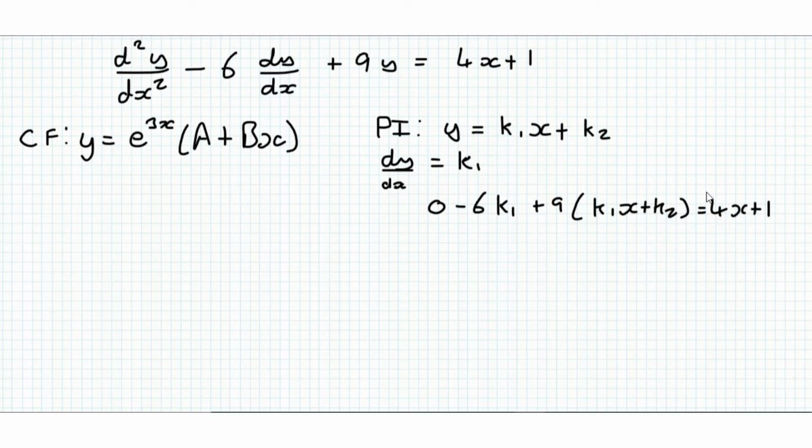Okay, now if we look for our constant terms, we've got 9k2 minus 6k1 is equal to 1, and then for our x terms, well, we've got 9k1 on the left hand side, and we've got 4.